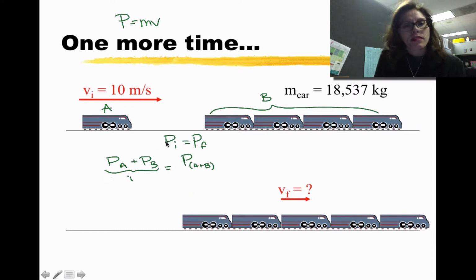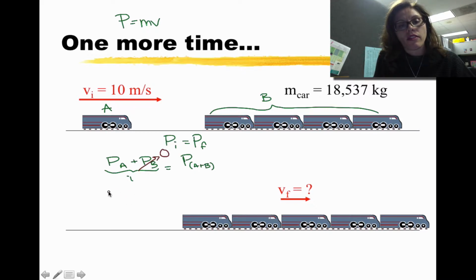So, you have to think. We have the initial momentum for B, since these are at rest, since P equals mv, the initial momentum for B is 0. So it's all A.